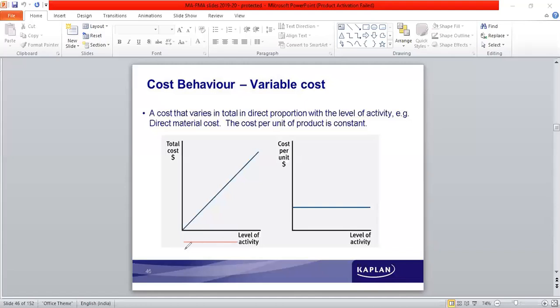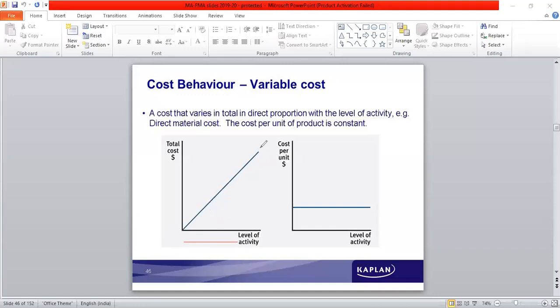As the number of units keep increasing, the total variable cost also increases proportionately. It starts from the origin. At origin, when the number of units are zero, the total variable cost is also zero. As the number of units keep increasing, we see that it is also increasing proportionately.